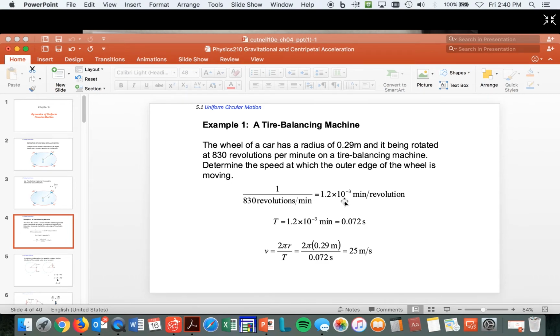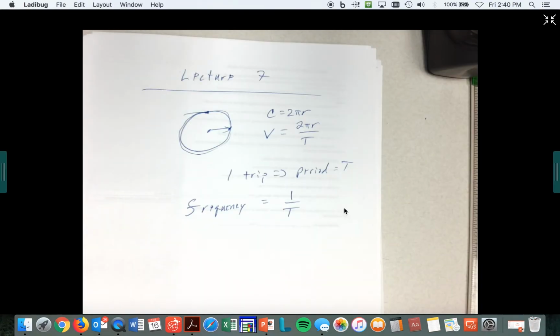Now here's what we're doing. How many minutes per revolution are we talking about? Okay. Here's the way I do these problems. Let's look at 830 revolutions per minute, because we need to talk about this so that you understand this. And then I will stop this portion of the lesson.